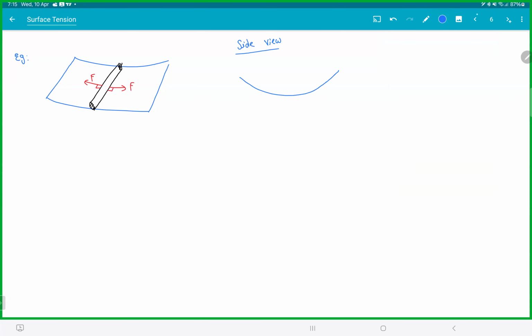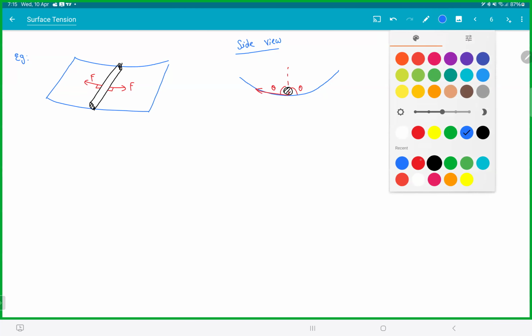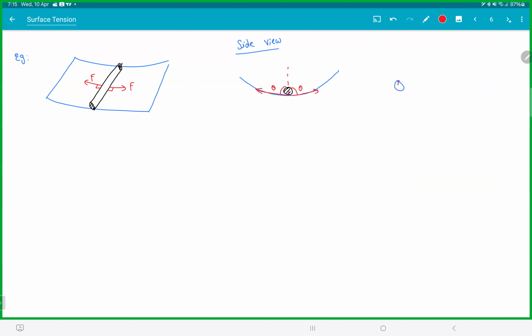It's like a curve. So this force is acting like this, and this force is acting like this. This angle is theta, and this angle is theta. So the one who is balancing the weight here is 2F cos theta.